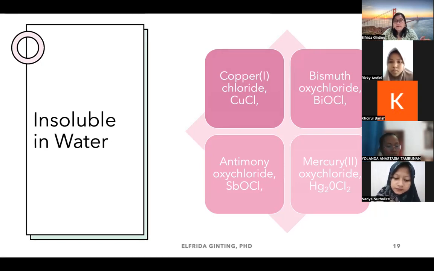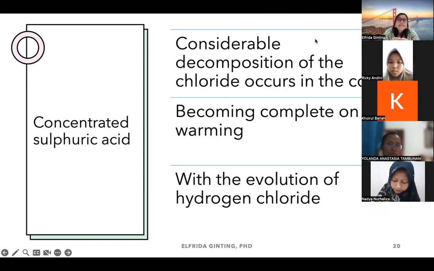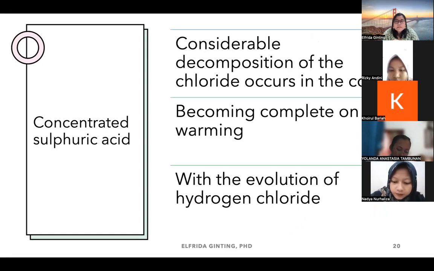Now, the reagent that you can use to identify chloride, the first one is concentrated sulfuric acid. When you mix concentrated sulfuric acid with chloride, there will be a decomposition.